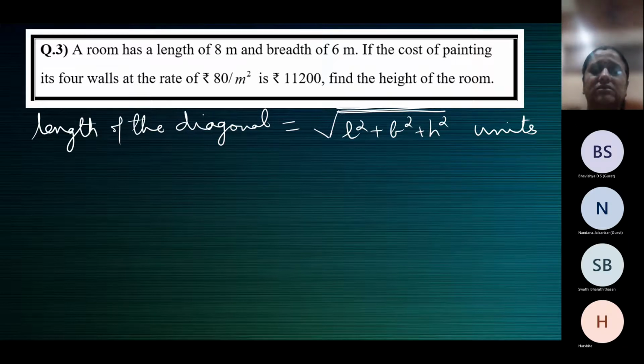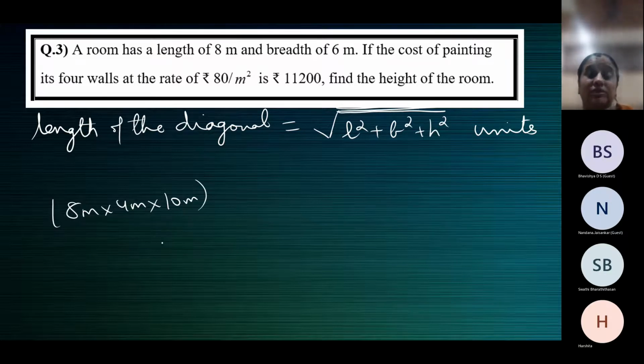The line segment that connects any one top corner to its opposite bottom corner. Again, here also in a word problem, it can be: find the length of the longest rod that can be placed in a cuboidal room of dimensions, say, 8 meters by 4 meters by, I'm just giving some rough, 10 meters.